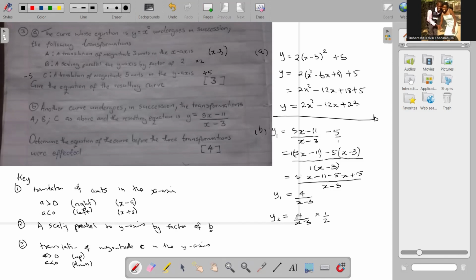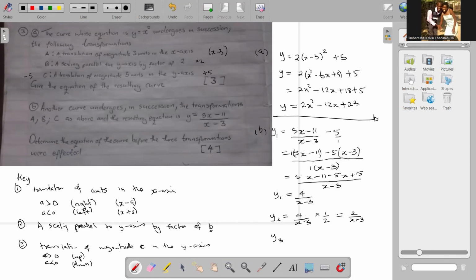Then when you simplify here, this 2 and this 2, our y2 will be equal to 2 over x minus 3.